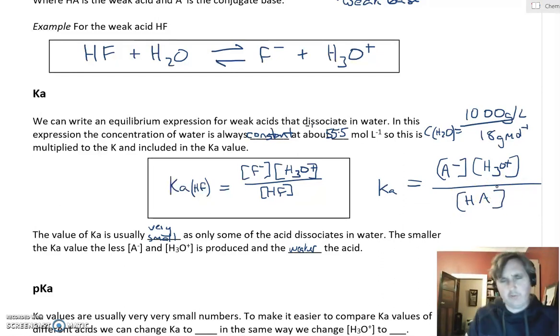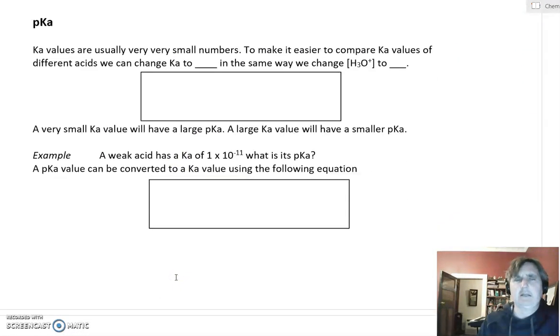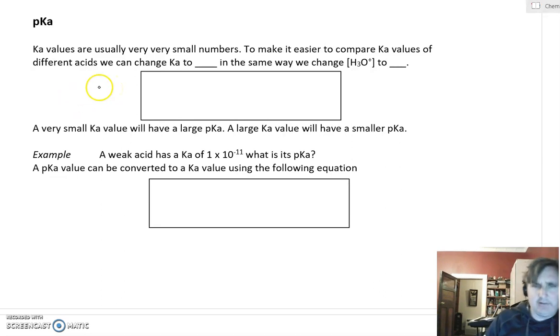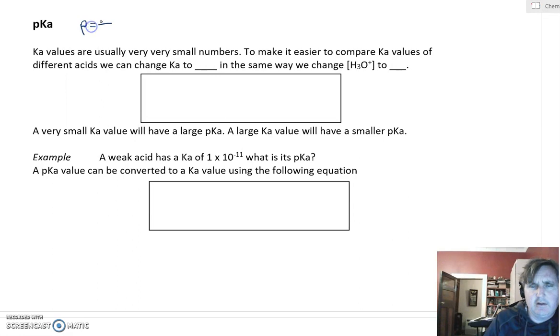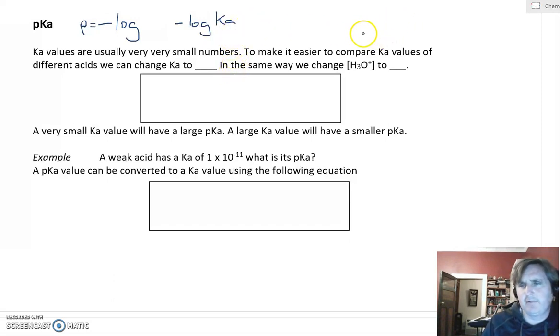Now, because we have a Ka, we can also work out this thing called a pKa. We'll see what pKa means, but p, just so you know, is the negative log. So p equals the negative log of something. So pKa equals the negative log of the Ka. Ka values are very small usually, and we're talking numbers like 2.3 times 10 to the negative 6.